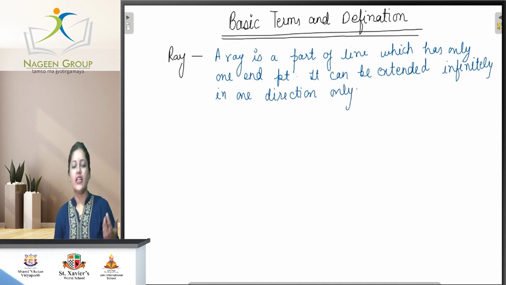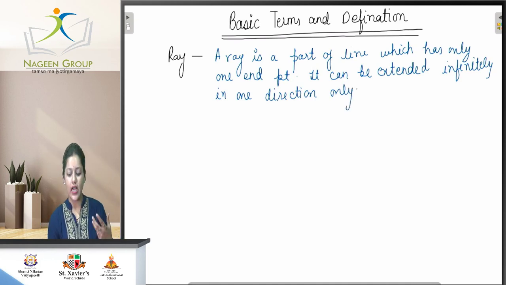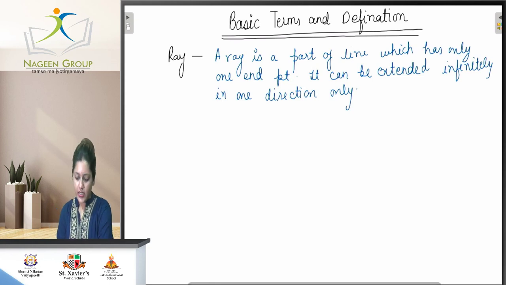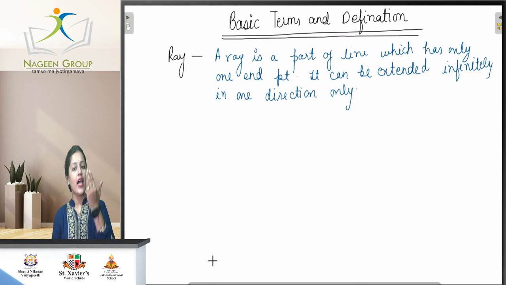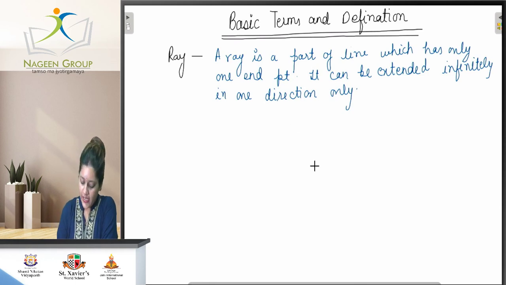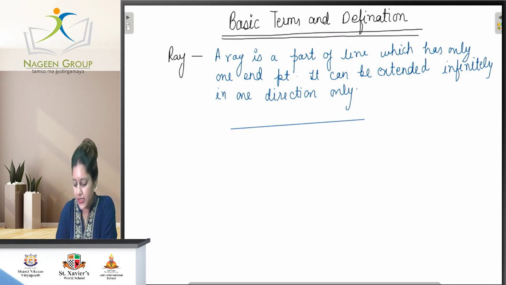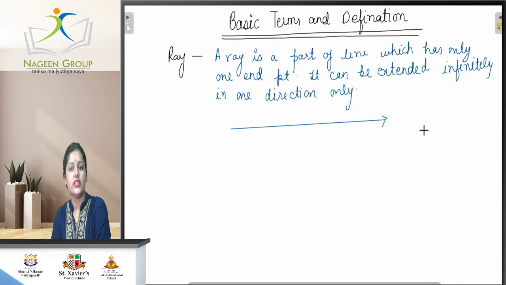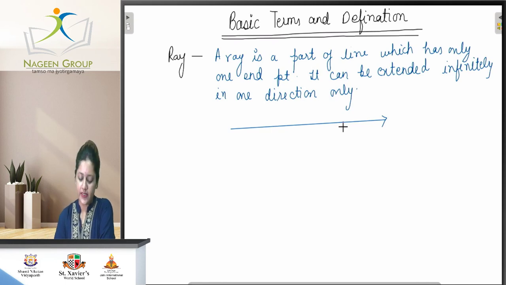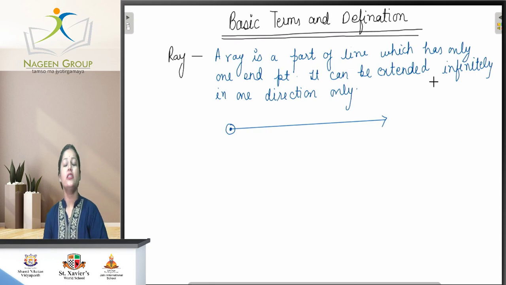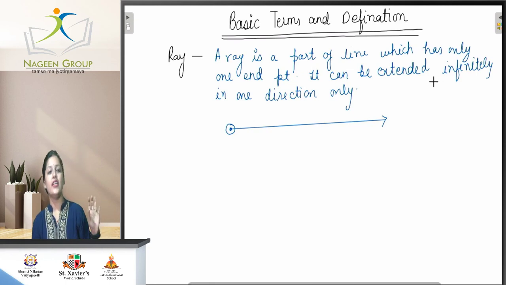So what have we learned? We have learned that a ray is a part of a line, but the difference between a line and a ray is that a line has no endpoint, but a ray has one endpoint. The diagram is made in this way. This one is a ray, where one side extends infinitely, while the other side has one endpoint, meaning it cannot increase in that direction.